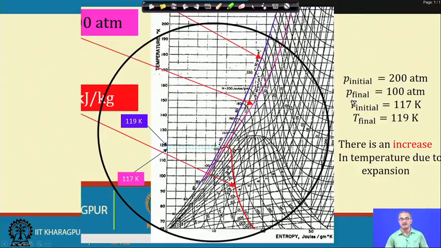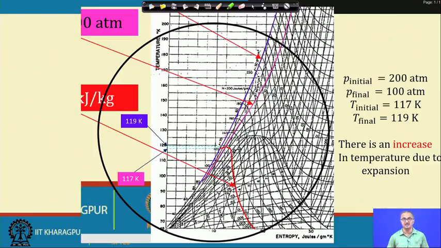You see that in this case there is an increase in temperature due to expansion. Earlier we found this on the PT curve; here we are looking at TS curves. On the TS curve, on the left hand side of this maximum we get heating, and on the right hand side we get cooling. You must note this difference, because depending on the type of thermodynamic diagram you are using, the zone of mu JT less than 0 and greater than 0 may change.